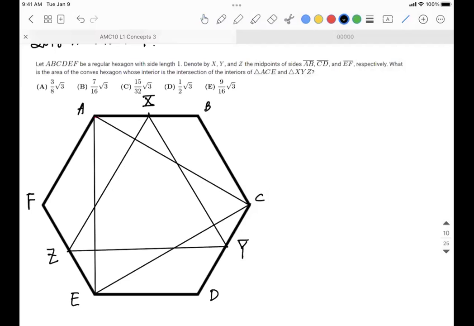Okay, ACE, XYZ. What is the intersection of this? This means you're trying to find out the area of this guy. This has the intersection here, here, here. Well, how can I determine the area of this guy? This might not be so easy, right?